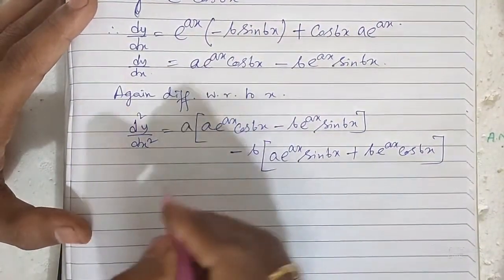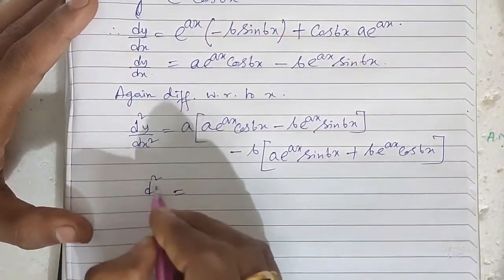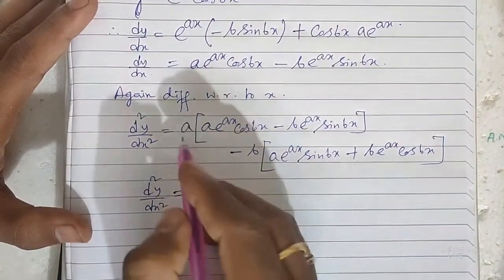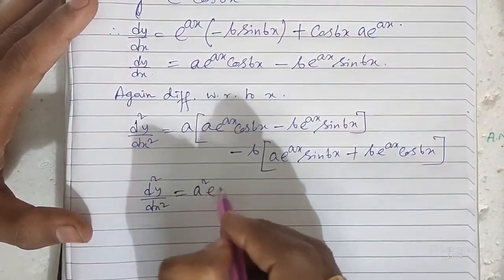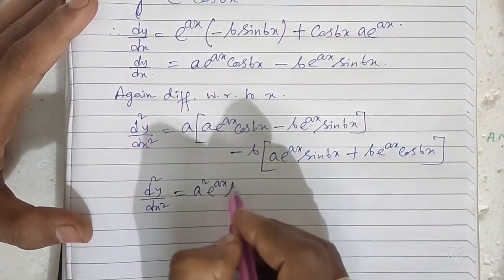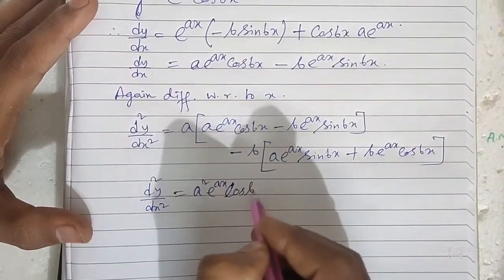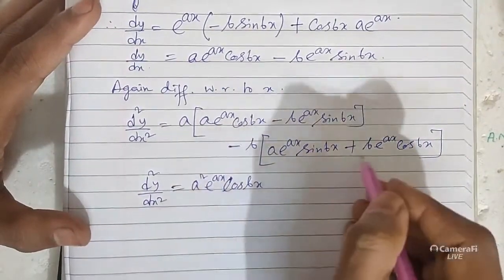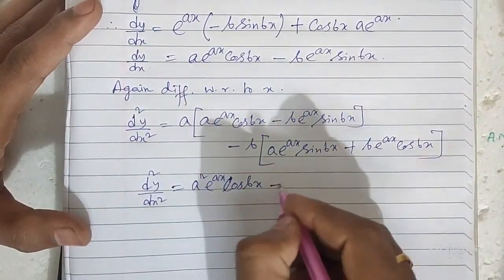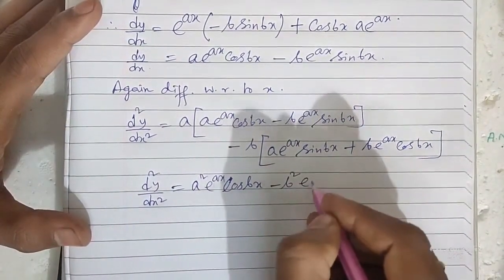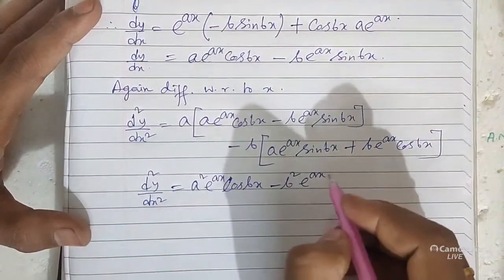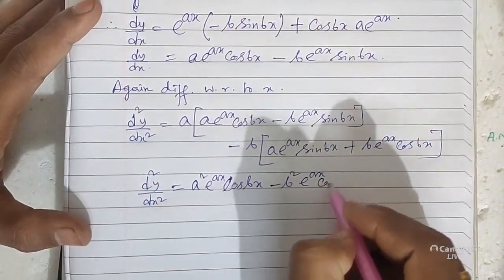So here what is coming: d2y by dx2 is coming a square e to the power ax cos bx, here minus b square e to the power ax cos bx.